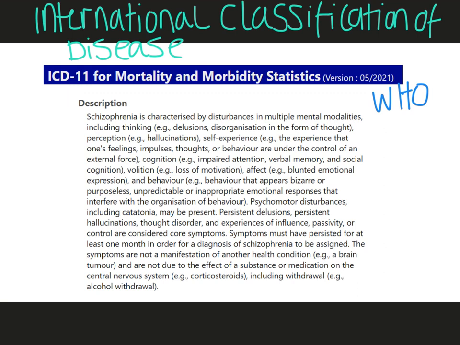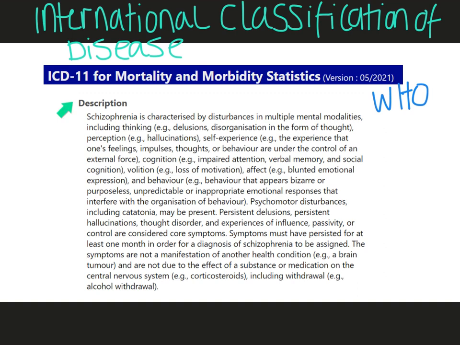You can use the search engine to find this and you're able to go into it and find any information that you need for it. So this International Classification of Disease manual is for all disease. So this is run by the World Health Organization and it covers the diagnostic criteria for all diseases.